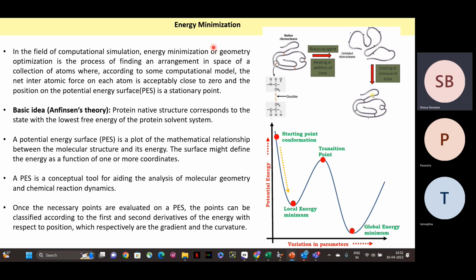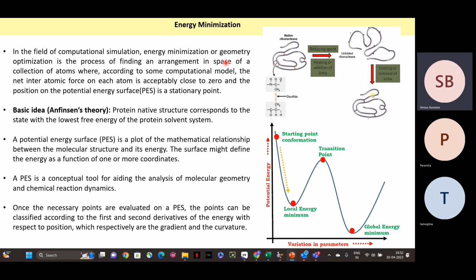What this means is that it is the most stable state of that system, where it is the lowest energy state.